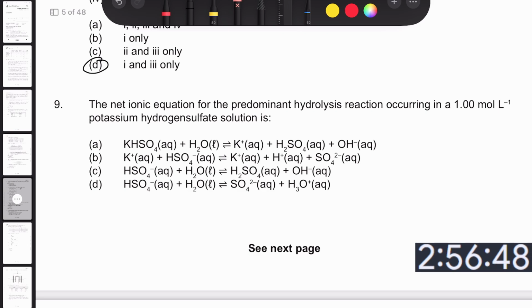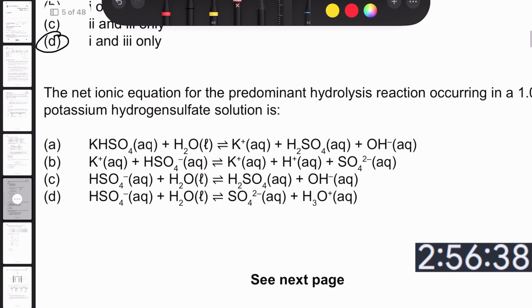The net ionic equation for the predominant hydrolysis reaction occurring in 1 mole of potassium hydrogen sulfate solution is... So get rid of this one, get rid of this one because the K aqueous ions are present in both.